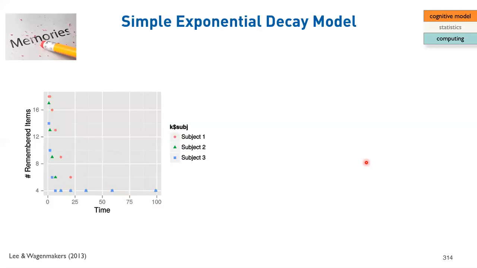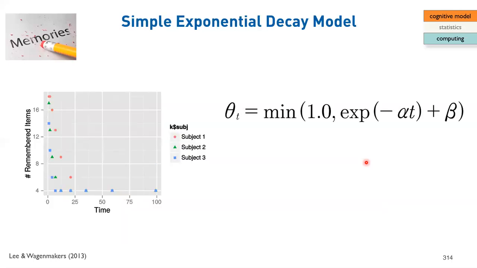I told you already: exponential decay. There is a key parameter called the recall rate, the probability of recalling an item. How likely the person can recall a particular item, the probability of recall or probability of memorizing, it doesn't matter what you call it.